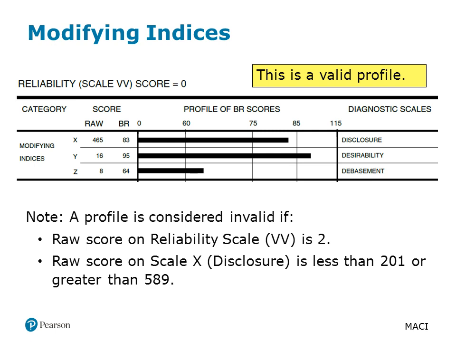validity of the profile. Look at the modifying indices first. Is this a valid profile? Notice the reliability score is 0. If the raw score on the reliability score was 2, this profile would be invalid, but the reliability score here is 0.